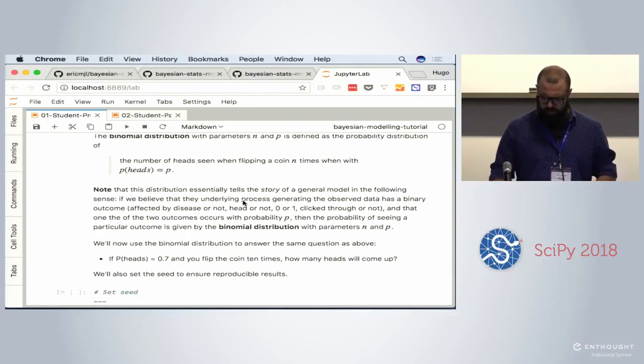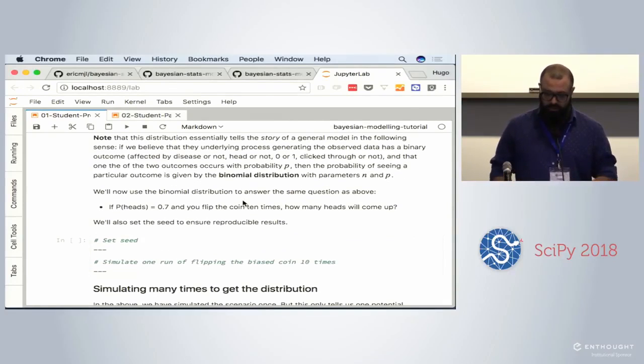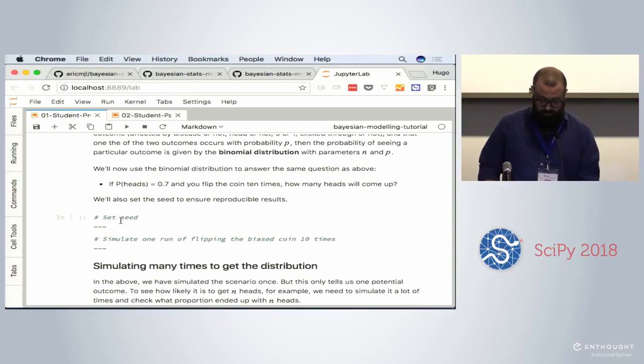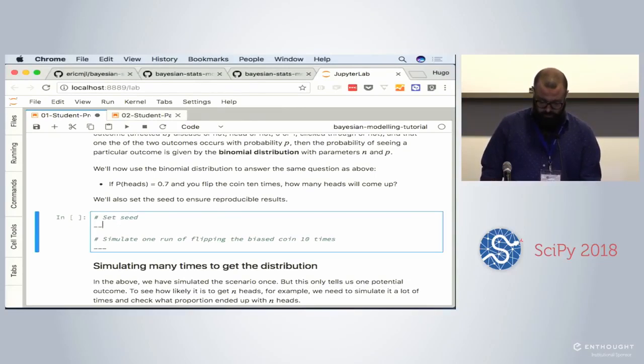As I've said here, the distribution tells the story of a general model, and that's precisely what we discussed with respect to the examples of click-through rate and any other number of phenomena. Now we're going to use the binomial distribution to answer the same question as above. If p of heads is 0.7 and you flip the coin 10 times, how many heads will come up?